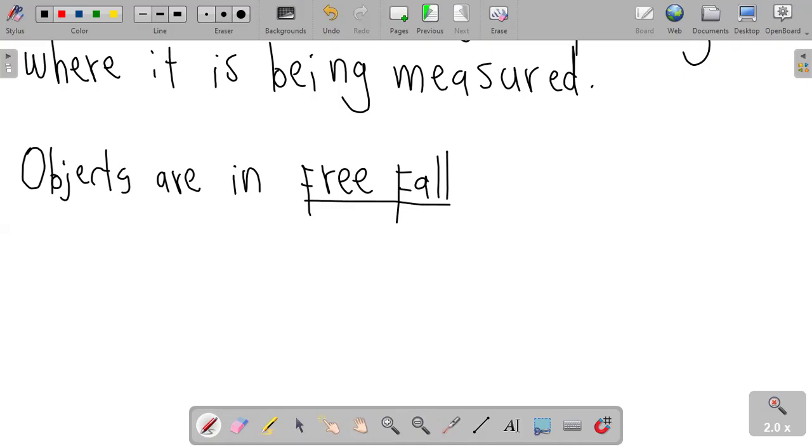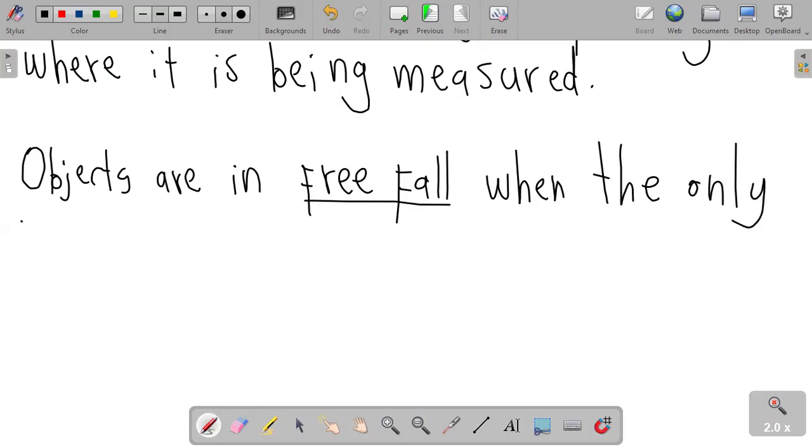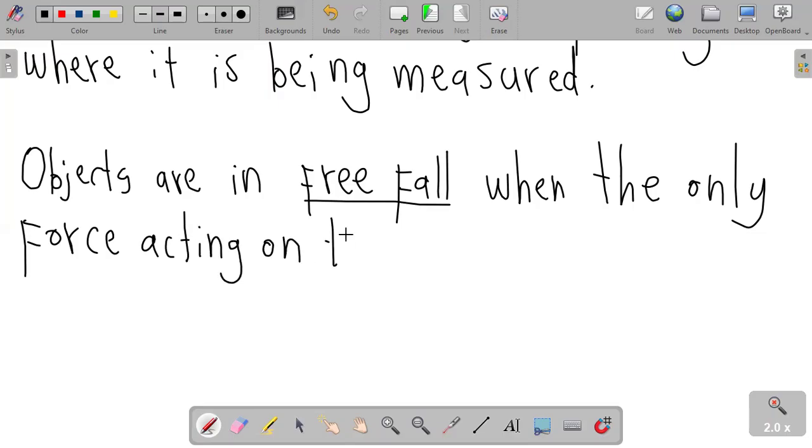When the only force acting on them is the gravitational force.